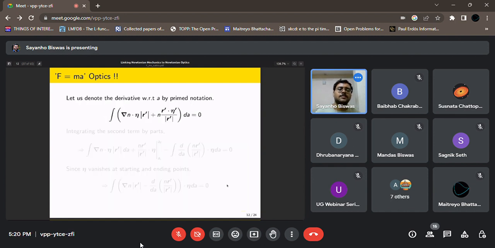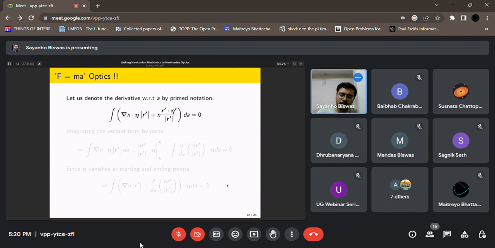Basically, whatever results I obtained in the note part of the previous slide, I have written them down. Integral gradient of n dot eta, mod dR/dA I have written as mod r prime plus refractive index times r prime dot eta prime by mod r prime, whole quantity times dA equals 0. This is what it is coming out to be.